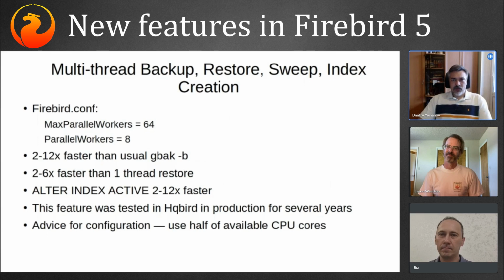Parallel backup, restore, sweep, and index creation. We support it at the engine level and at the utilities level. The firebird.conf file contains 2 new options. One allows you to specify the maximum number of parallel workers, which acts as a kind of higher limit for parallelism, so how many parallel workers could work in your system.